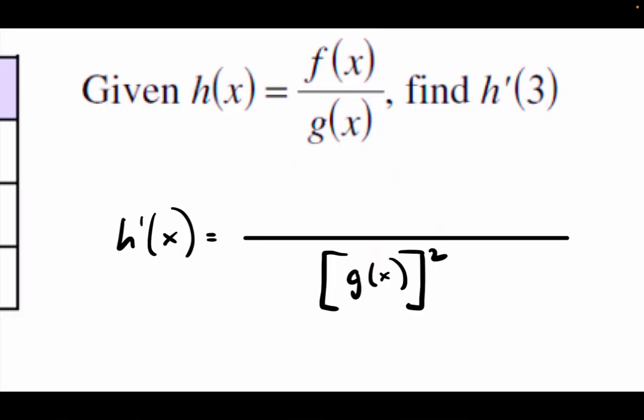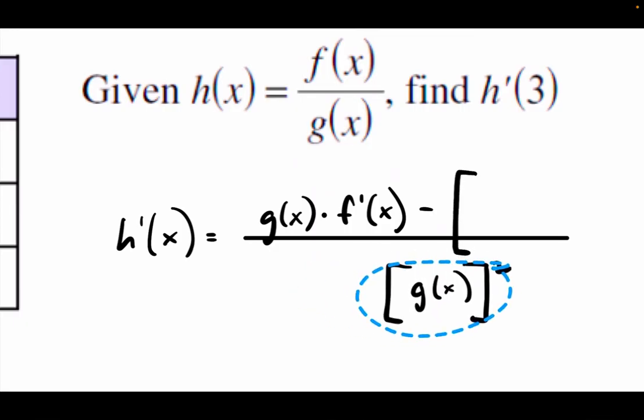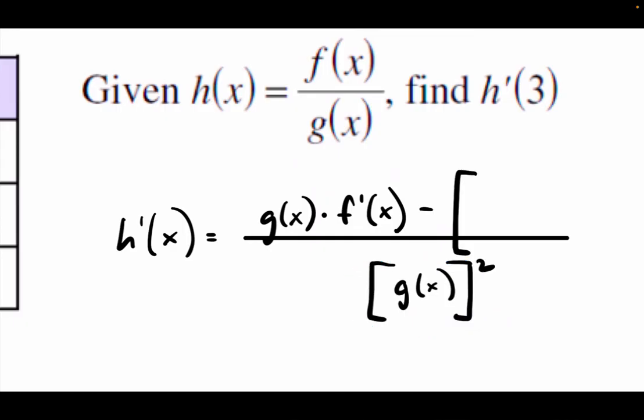Then it says the low, g of x, times the derivative of the high, which is f prime of x, minus the high, f of x, times the derivative of the low, g prime of x.